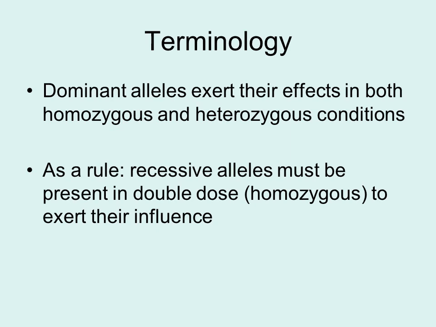So if both alleles are for the dominant trait, then that's what you're going to see. In other words, if an individual has both genes for brown eyes, then they're going to have brown eyes. If they're heterozygous, like we just said, in most cases, as long as you have one gene of the dominant trait, that is what you are going to see.